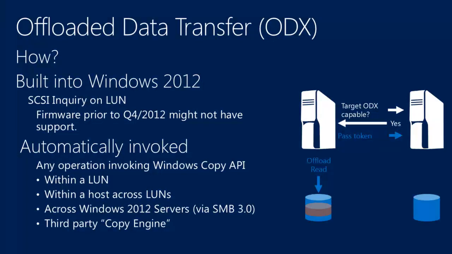It generates a read token. The token gets passed to the target. The target uses the token and says, I want the device to move that data for me. And that data is moved internally within the array in, we don't really have a name for it, chunks. So it depends on the implementation of that functional area as to how fast this process is.